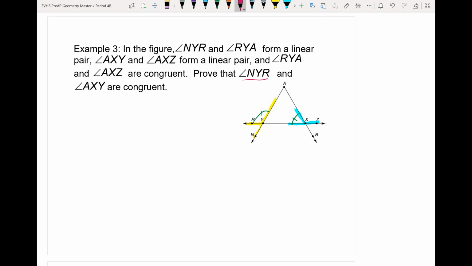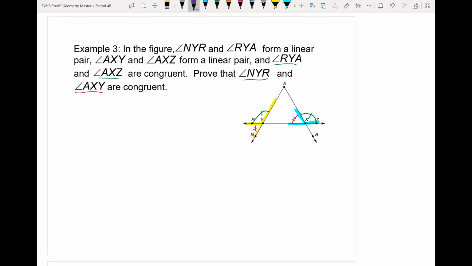Prove that NYR and AXY are congruent. I made a mistake there. Forgive me. So it said here RYA and AXZ, sorry, those two are congruent. I'm trying to prove that these two in pink are congruent.